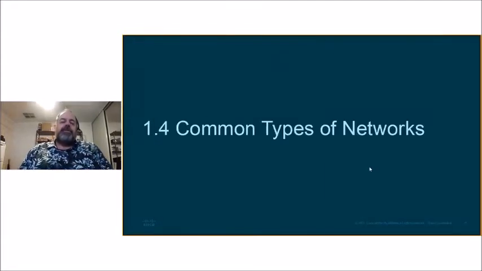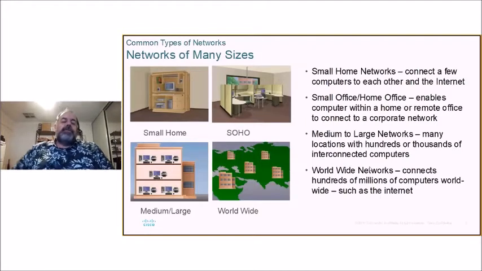Okay, so common types of networks. A lot of this is about size. Small home networks: most of us probably have a network at home, be that just a wireless router that everything else connects into, and mum, dad, and the kids have several devices all there. Very, very simple.